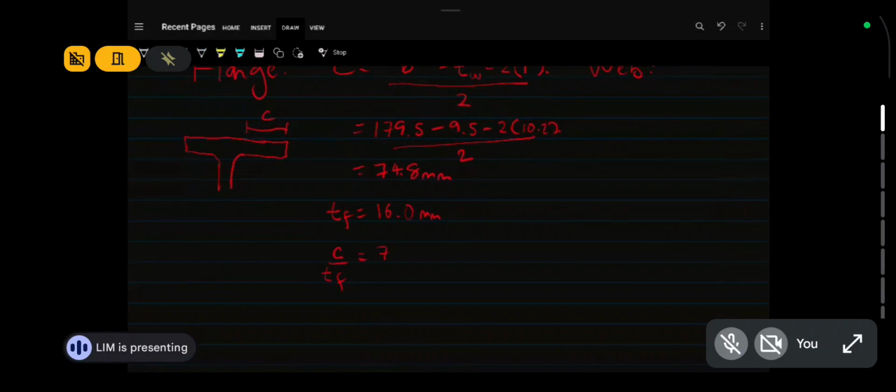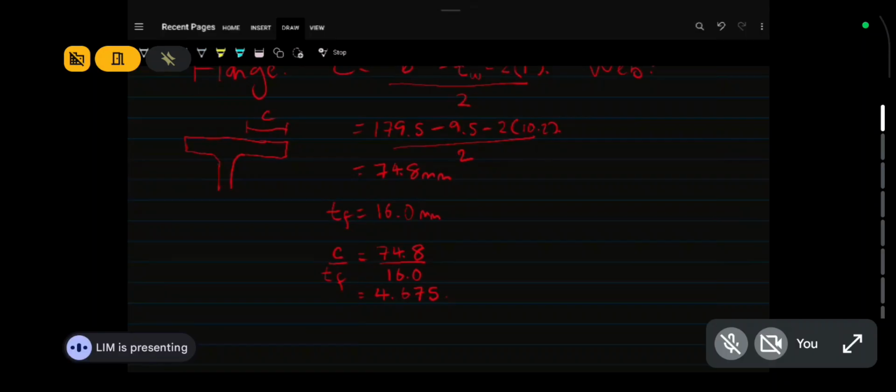Not minus, divide 74.8 by 16. So you get 4.675. So C divided by TF is 4.675.